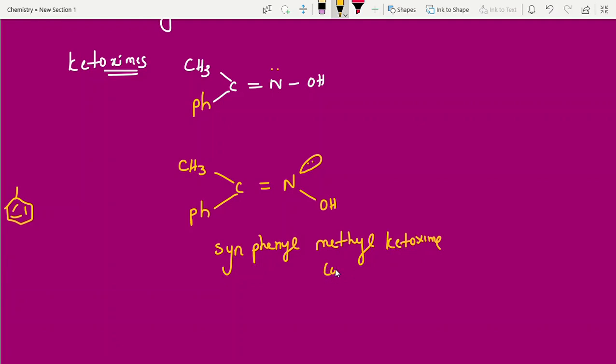Or else you can write another name. What is this another name? This is what syn. Anti. What is this another one? C double bond N. Anti one you can write. How to take C double bond N. Lone pair. Okay. Lone pair better to write down.